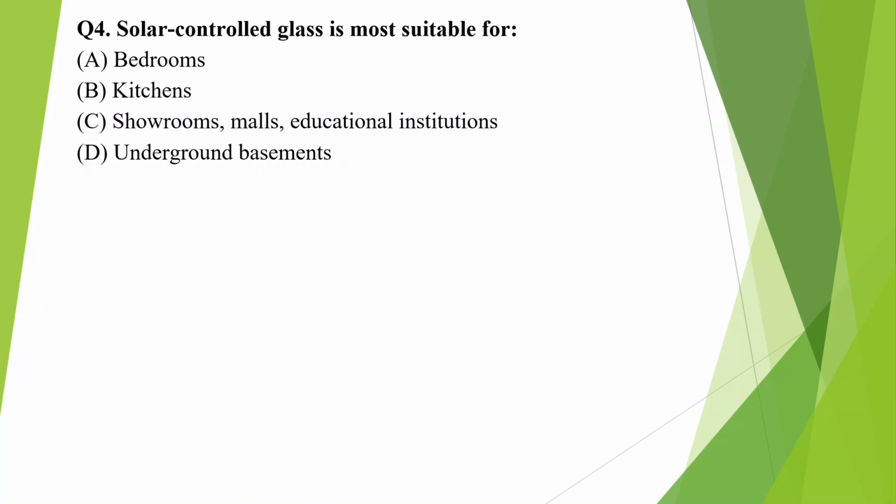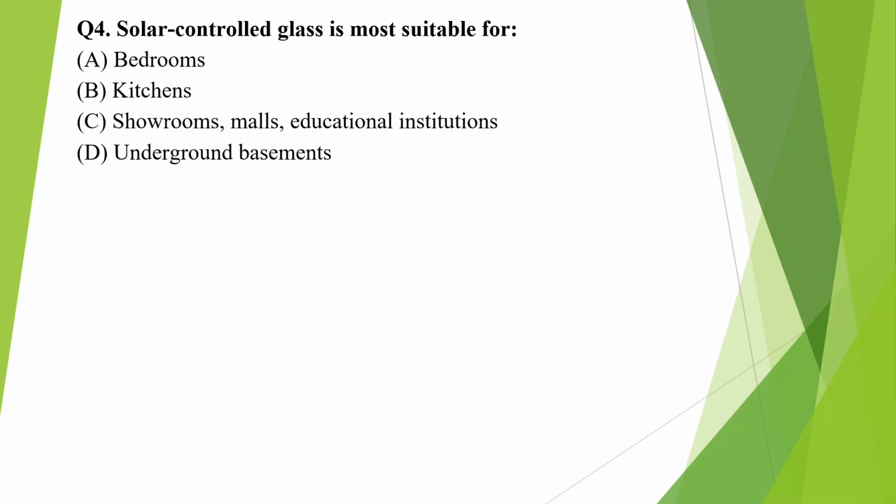Question number four, correct answer. Where have you seen it? You must have seen in showrooms, malls, or educational institutes, big malls, that these solar controlled glasses are utilized. Why? Because this reduces the glare.